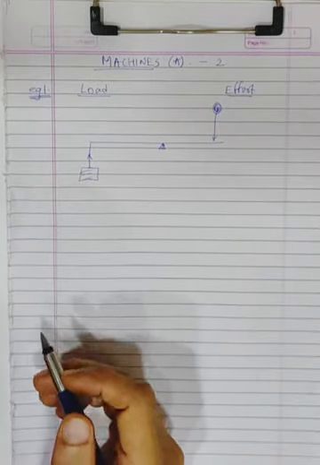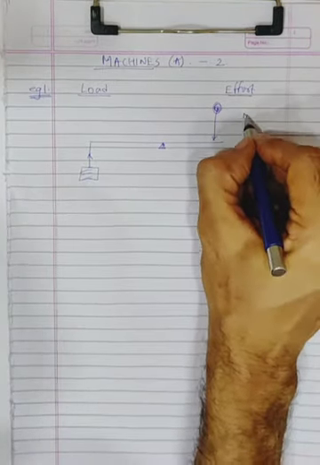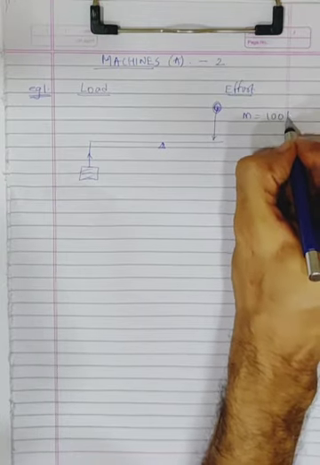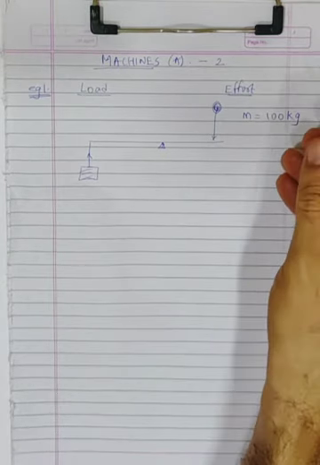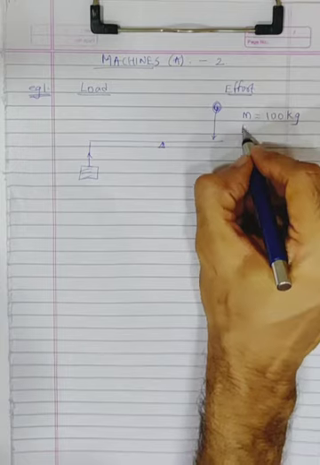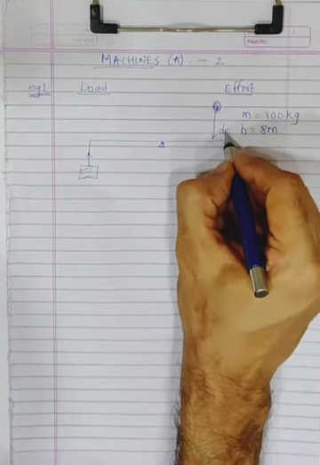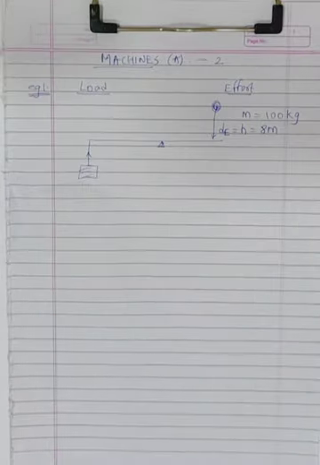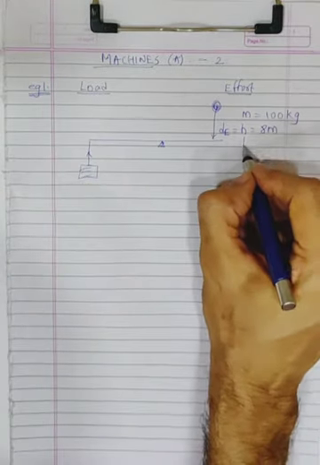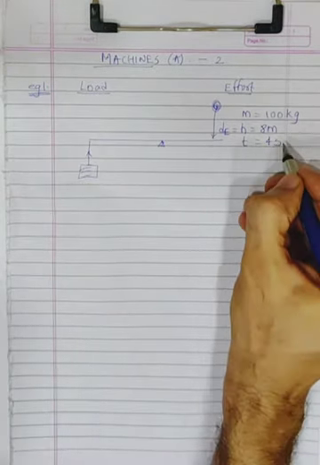So let's say a machine is driven by a mass of 100 kg. So mass is equal to 100 kg. That falls, so height is equal to 8 meter. Here our height I can also write as dE, displacement of effort. Time is equal to 4 seconds.